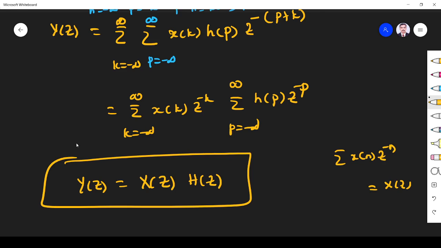What is the input we have given? Y of n is equal to x of n star h of n. If you take Z transform, Y of z is equal to multiplication of two Z transforms: X of z into H of z. So convolution becomes multiplication. So this is the convolution property of Z transform.